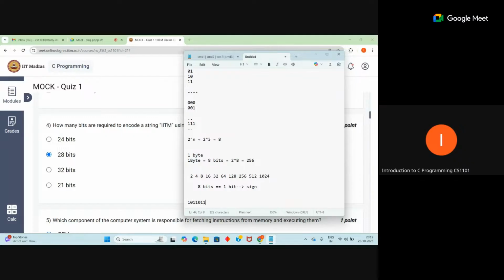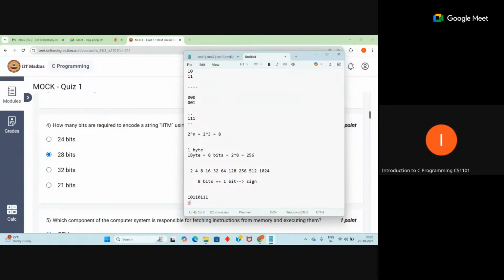Suppose these are the 8 bits. This is called the most significant bit, MSB, whereas this is called the least significant bit. Always the MSB we use for representing the sign.